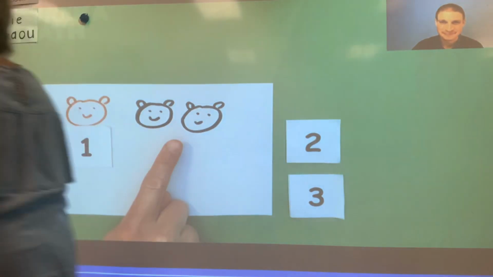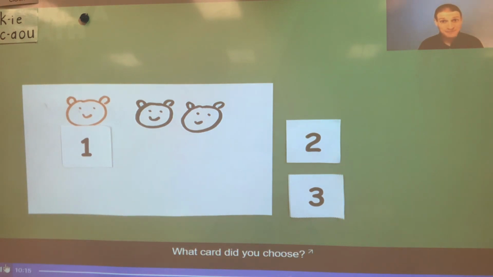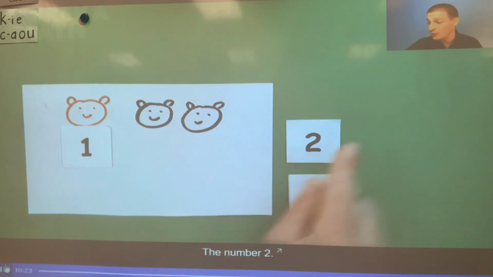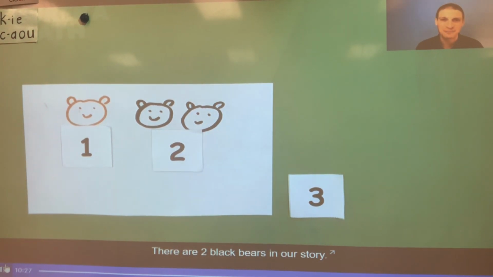Let's see what Mr. Hammer says. What card did you choose? Think and say it. The number 2. There are 2 black bears in our story.